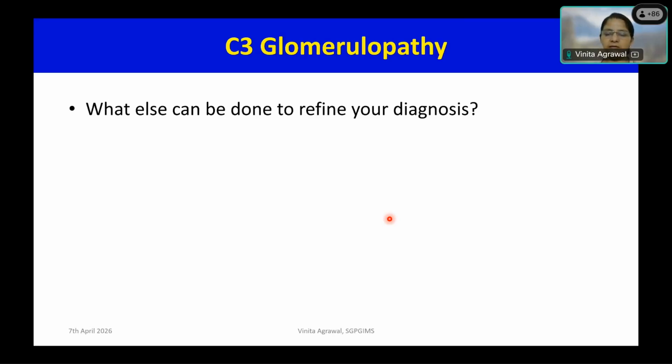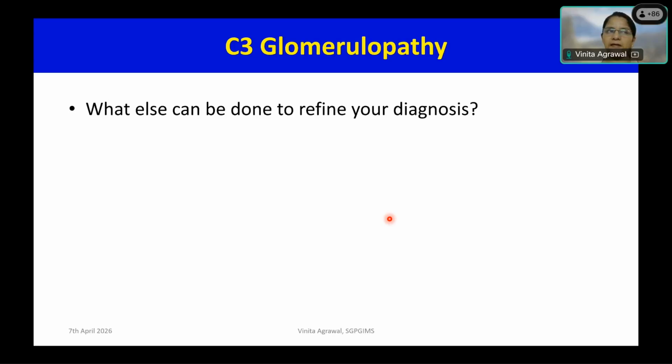Let me refine the question. You can have subendothelial deposits and subepithelial. Any other type of deposits? Subendothelial deposits can also cause double contouring, right? Because of the new basement membrane formation. But there are other types of deposits which can.